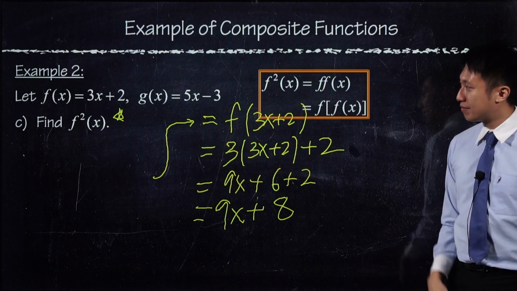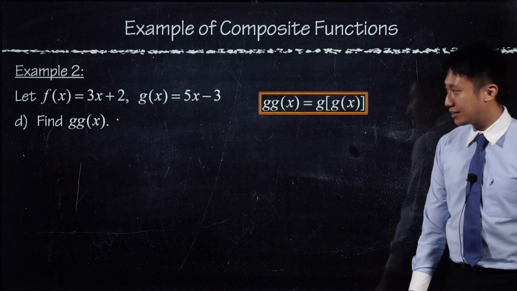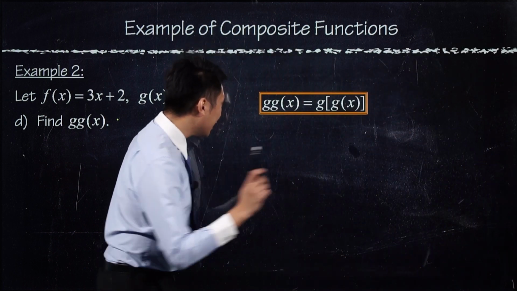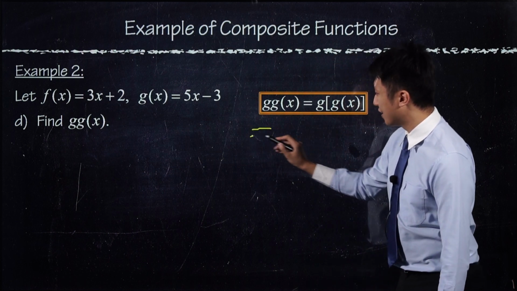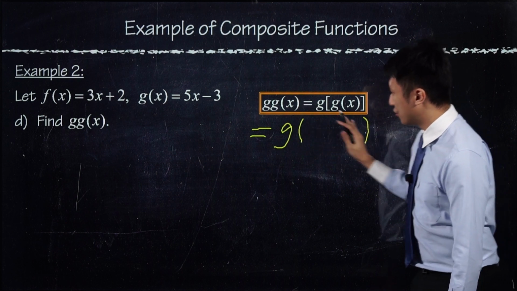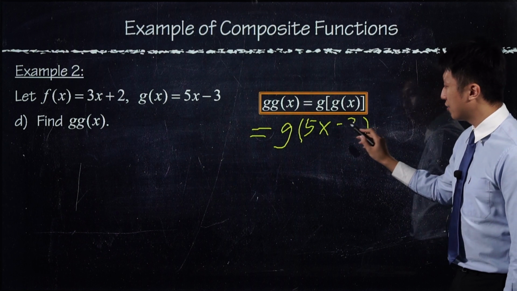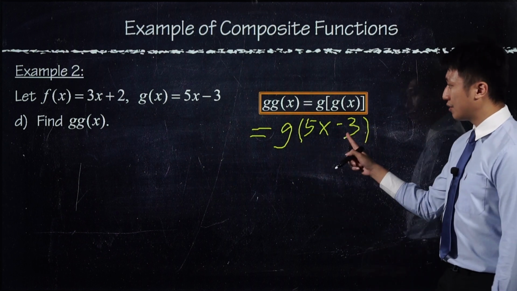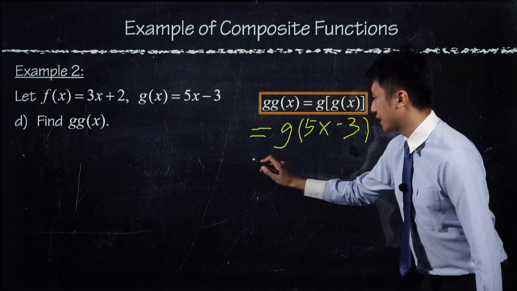Okay? This one, leave it. gg. Put it here so that I have space, so that I can be lazy also. I just write equal here. gg(x) is g bracket g(x), I put inside 5x minus 3. This whole chunk I put it here.